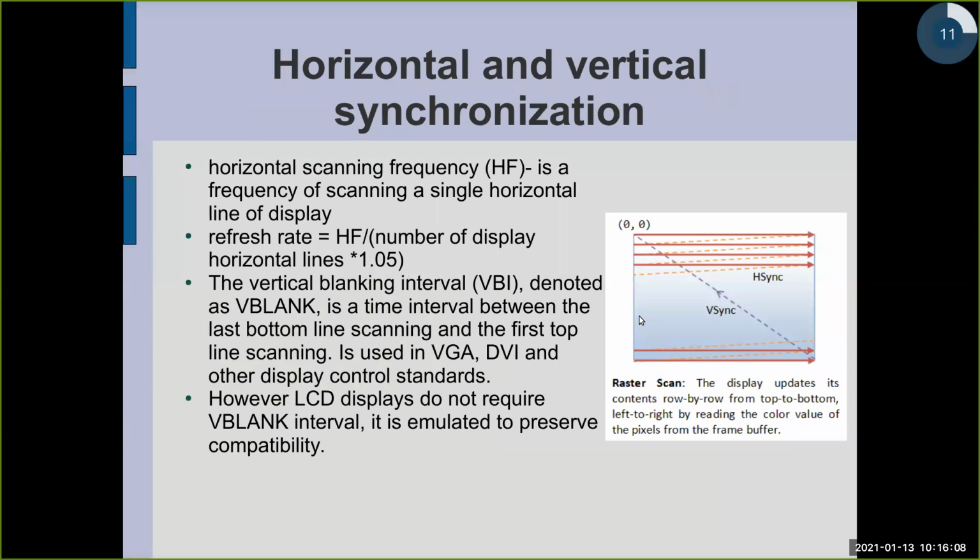But what is maybe not important, but typical for these displays, and it is still used in current displays.